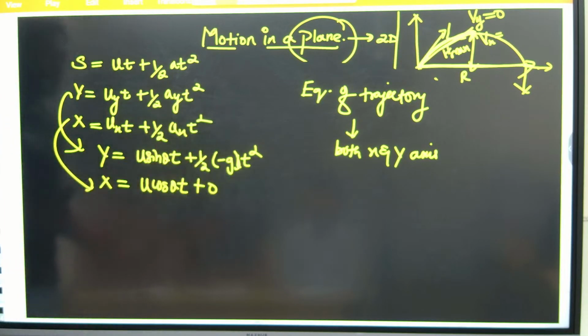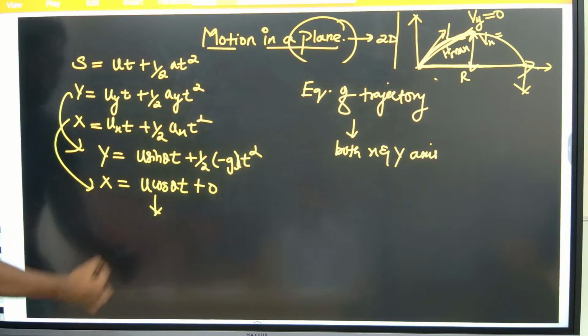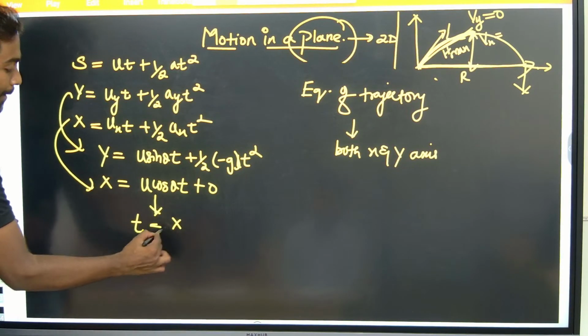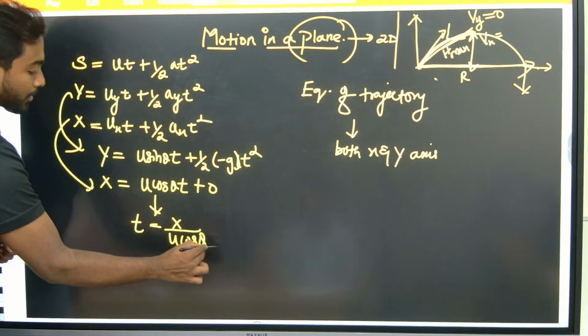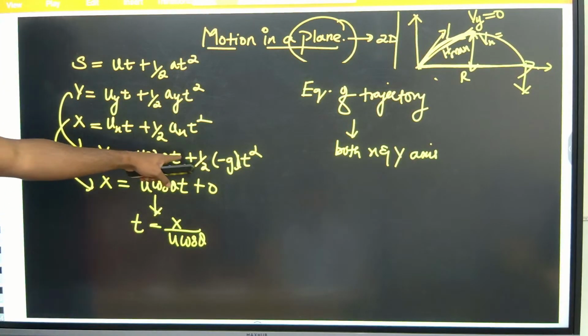Now from this equation I will take t is equals to x by u cos theta. Now substitute the value of t here.